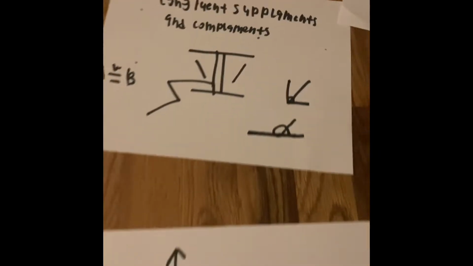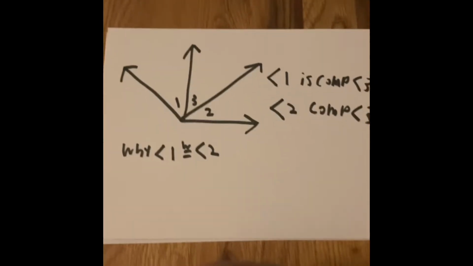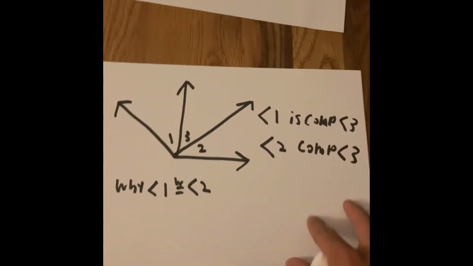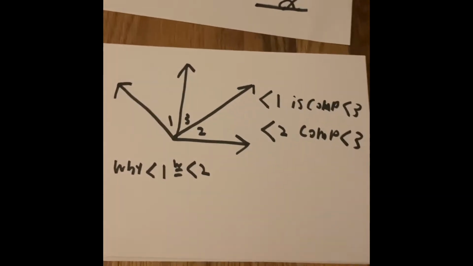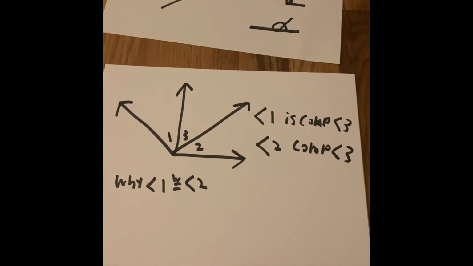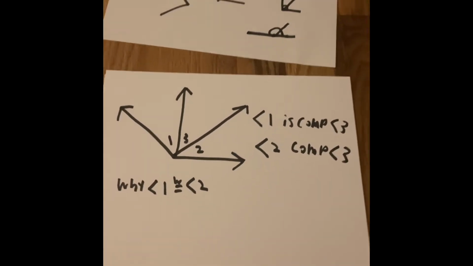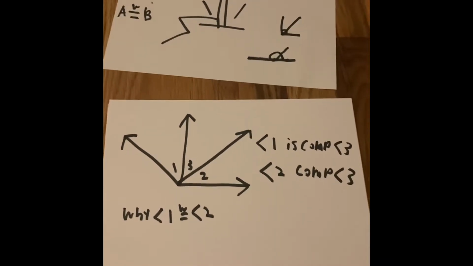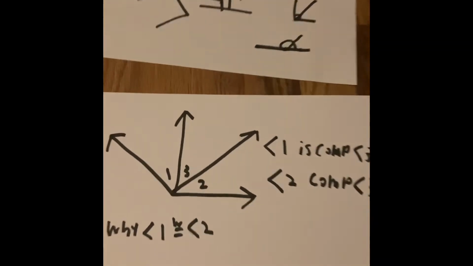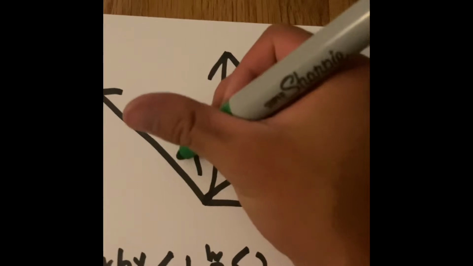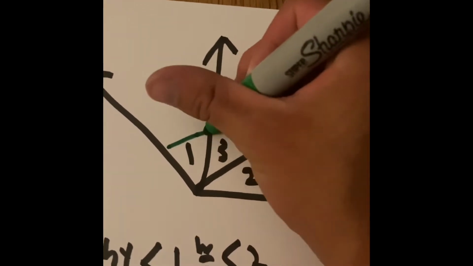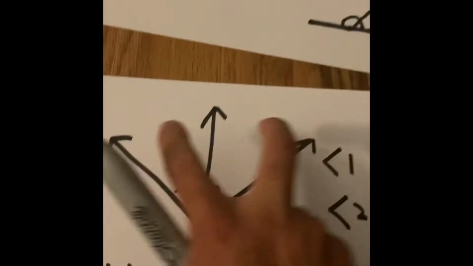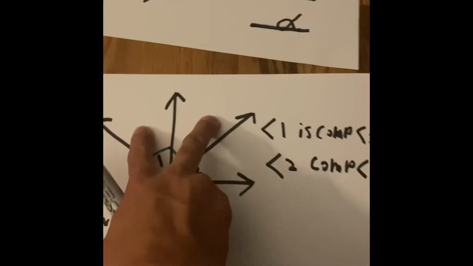So, here is the first thing we're going to look at. Angle 1 is complementary to angle 3. This is a good time to use different colored markers. We can say that angle 1 is complementary to angle 3, and these two add up to 90 degrees.